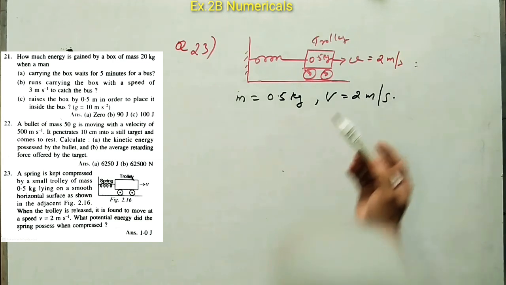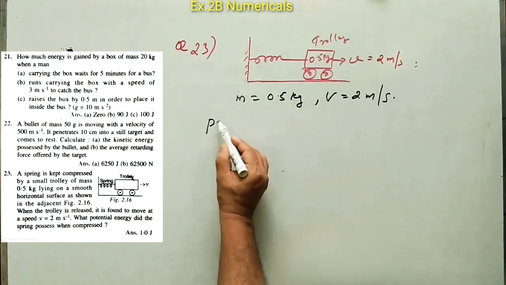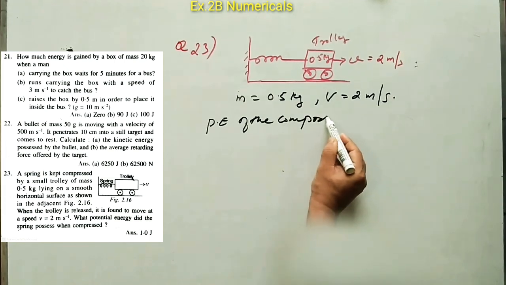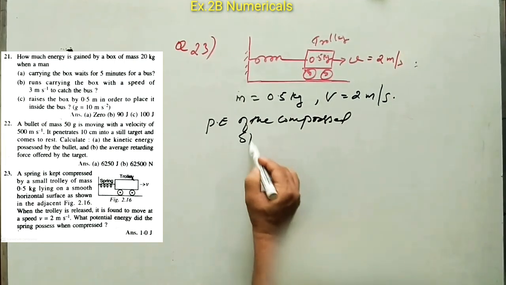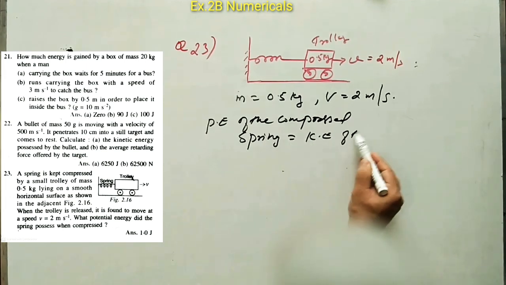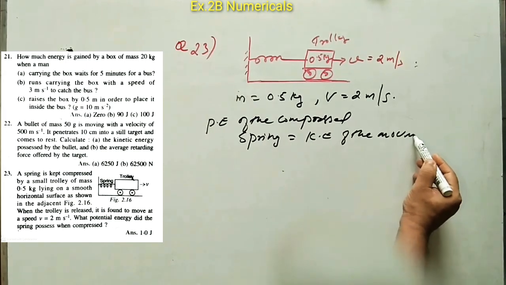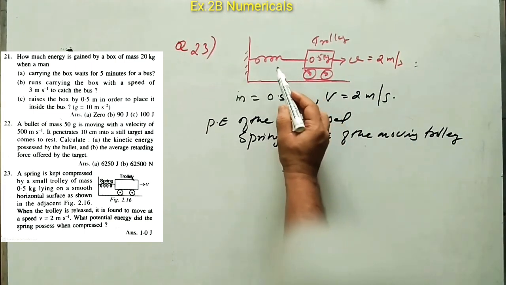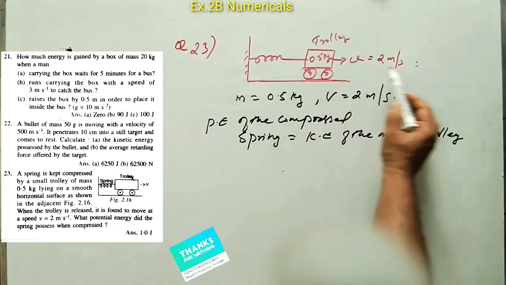So that's the key concept over here. So I can write, potential energy of the compressed spring is equal to kinetic energy of the moving trolley. Clear? So when the spring is released, the potential energy of the spring is getting converted into kinetic energy.